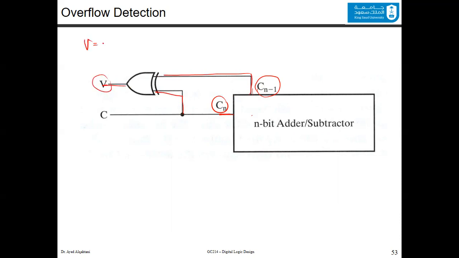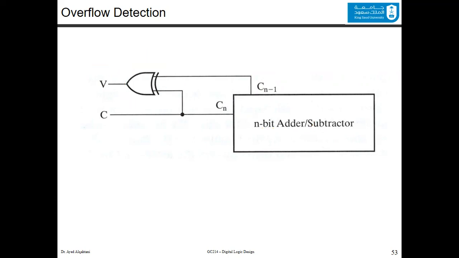If V is equal to 1, then there is an overflow, which is a bad sign. If V is equal to 0, there is no overflow. Everything is okay. That's the overflow detection circuit, which is a simple XOR gate added to the n-bit adder/subtractor.